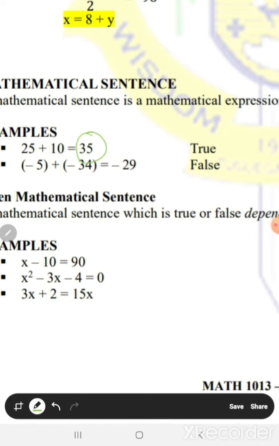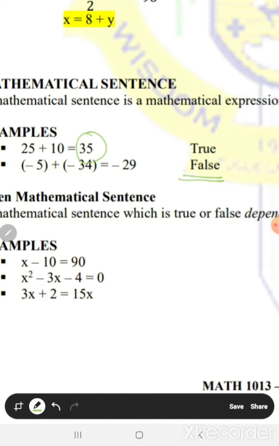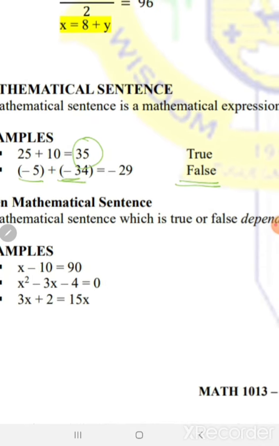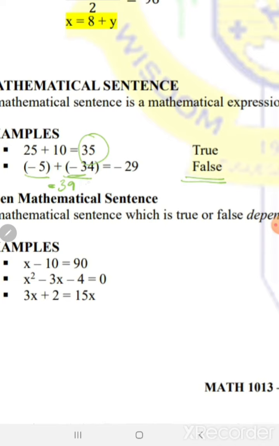And then next is negative 5 plus negative 34 is equal to negative 29. It is false. Why? If you add your negative 5 and negative 34, it has a value equal to negative 39, which means it is not equal to negative 29. Therefore, it is false.